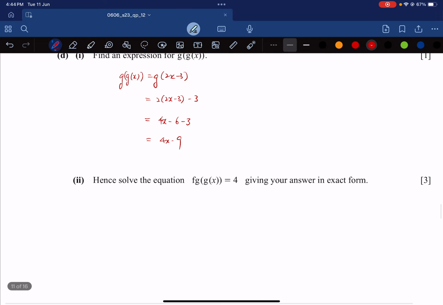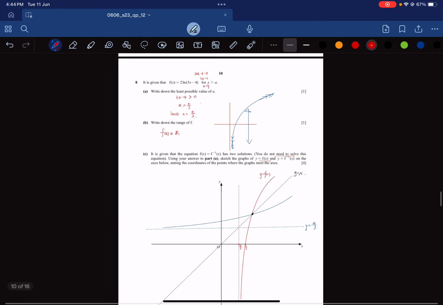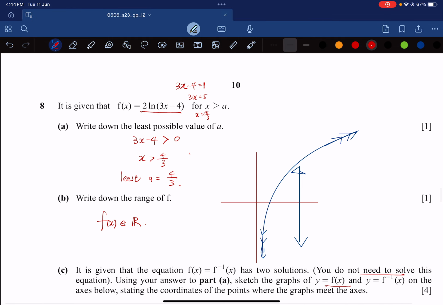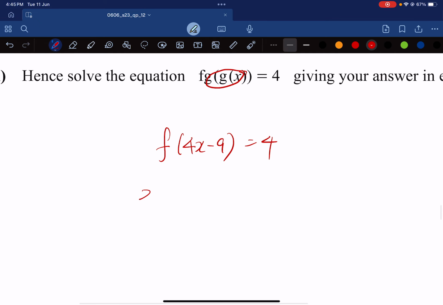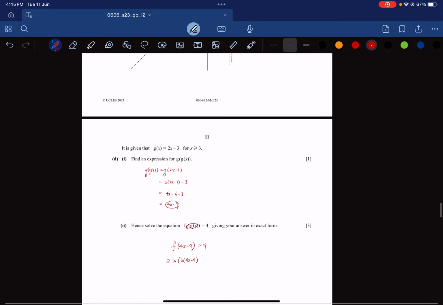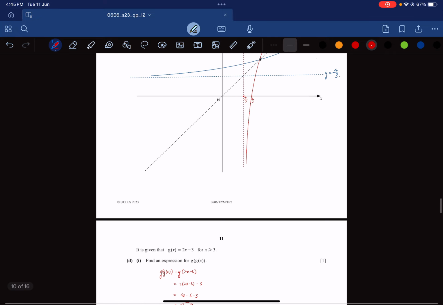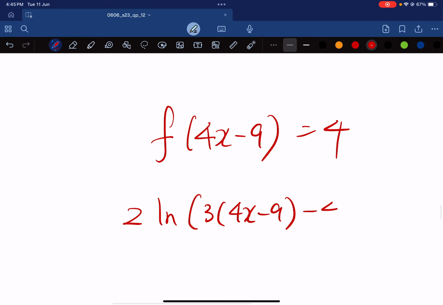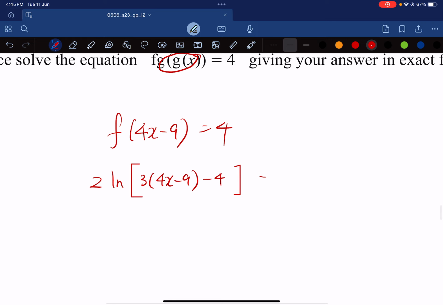Okay, then this thing is this, right? So f(4x minus 9) should equal 4. F is what? F is this, 2 times ln(3 times (4x minus 9) minus 4). So minus 4, equals 4.